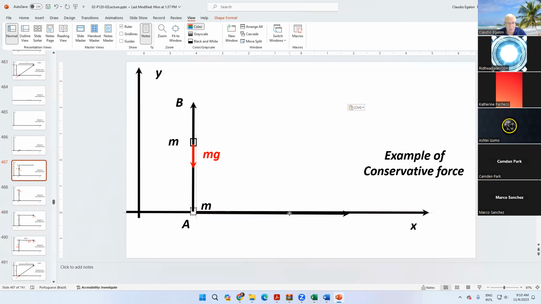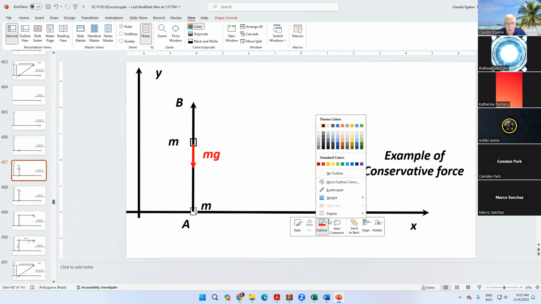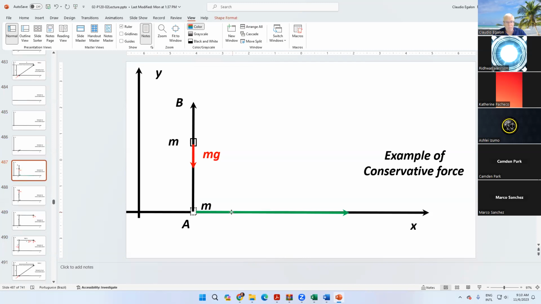And I'm going to put it as green. A, B, C. So I'm going to call this point D.